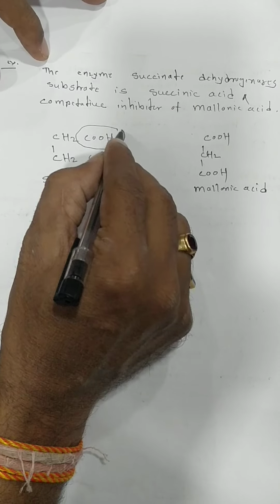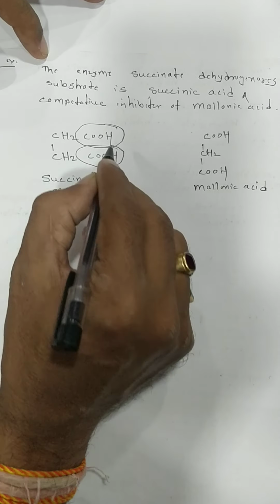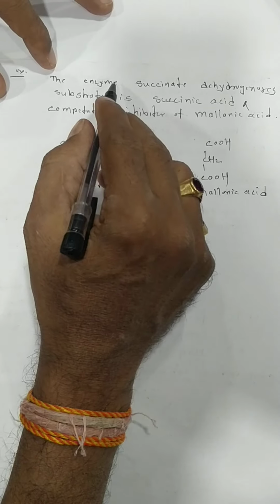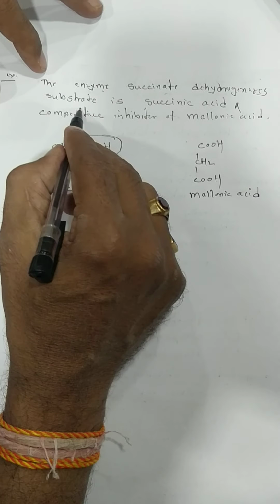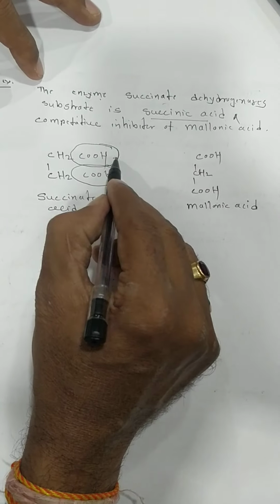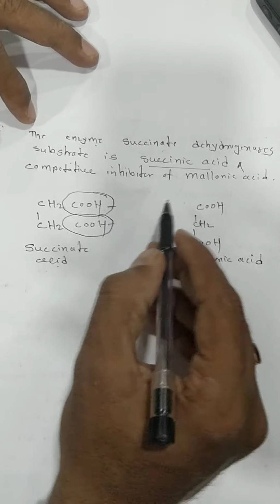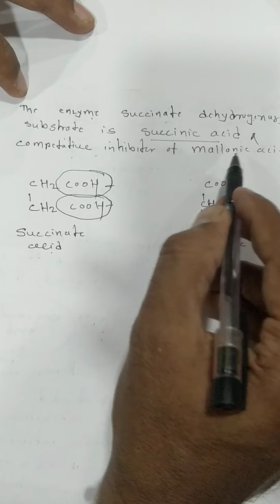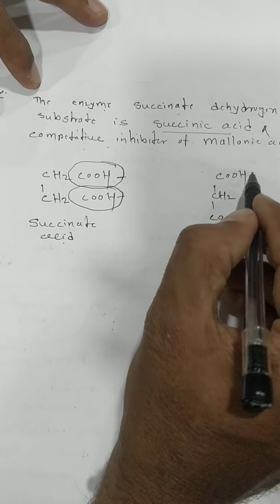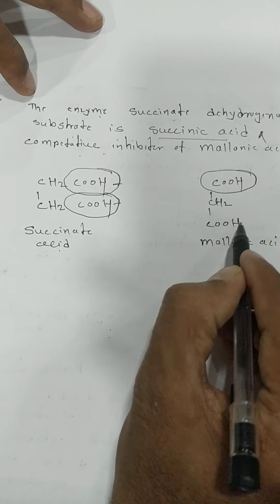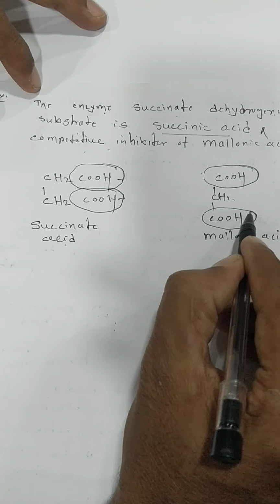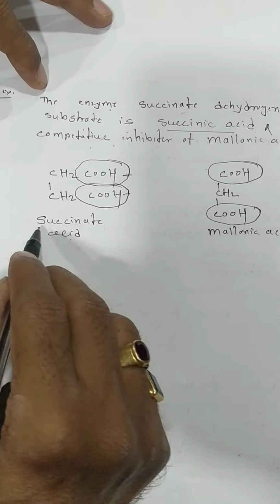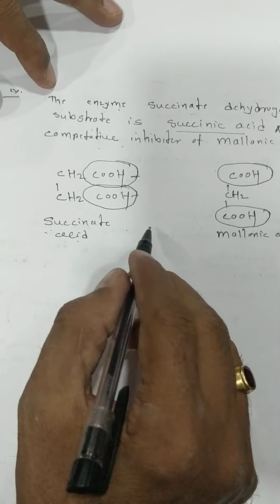The enzyme is succinate dehydrogenase, the substrate is succinic acid. Which active group does it have? The acid group. And the competitive inhibitor is malonic acid. In malonic acid, the active group is similar. That is an example of competitive inhibition.